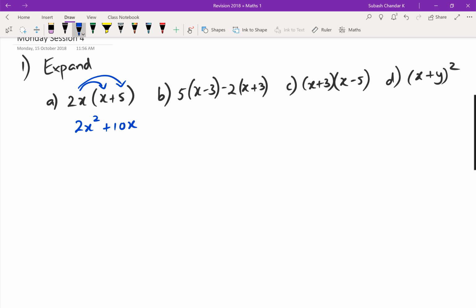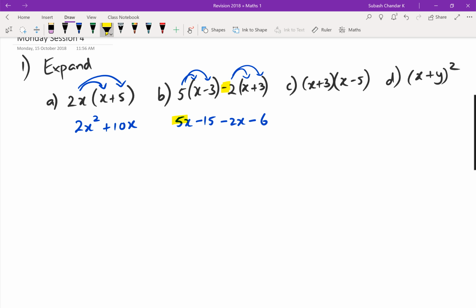The second one, we've got to expand this bracket first. So we've got 5x, and then 5 times negative 3 is negative 15. And then you've got negative 2 times x and negative 2 times 3. This is where I see people making mistakes because they forget the negative symbol there. So this ends up negative 2x, and then negative 2 times 3 is negative 6.